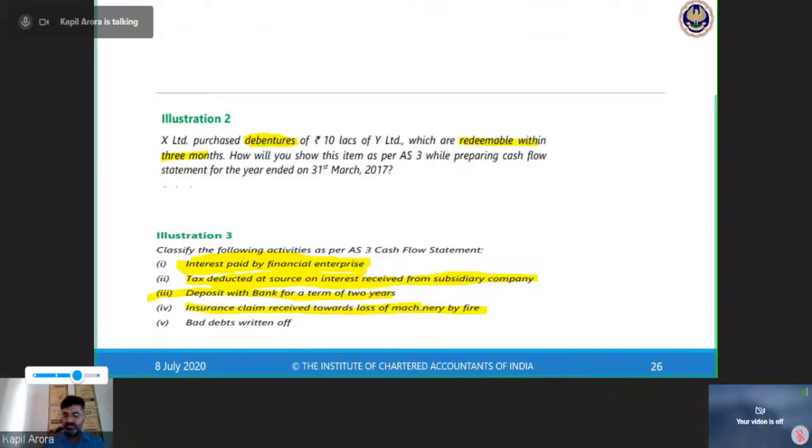It should not be recorded anywhere. However, if that is coming in the profit and loss account, that amount will reverse in the cash from operating activities, if it is sitting in my profit and loss account. Here it is talking about the bad debt written off, so it should not come anywhere.